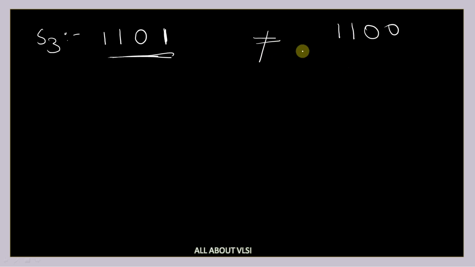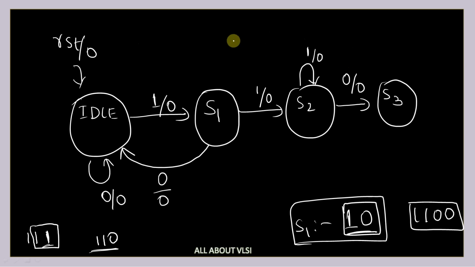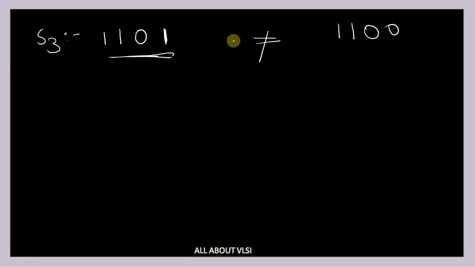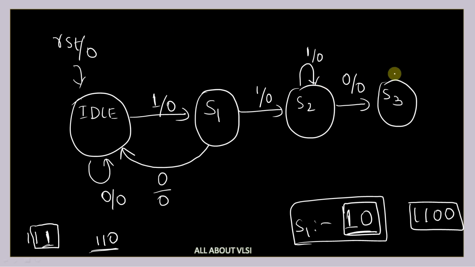And what should be your next state is my question. Whether it is idle state, or S1 state, or S2 state. Exactly, S1, because you can reuse this single bit 1 for building this double one double zero. That's why you are simply going to S1 state, and your output is equal to 0 itself.